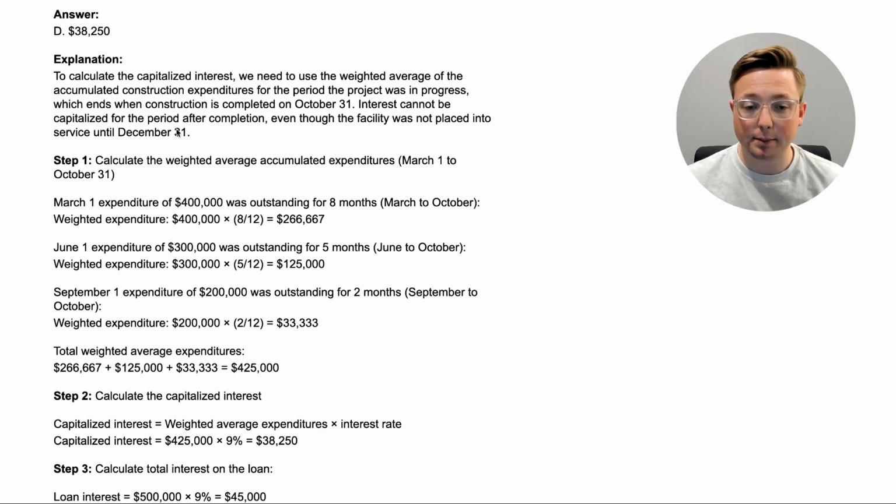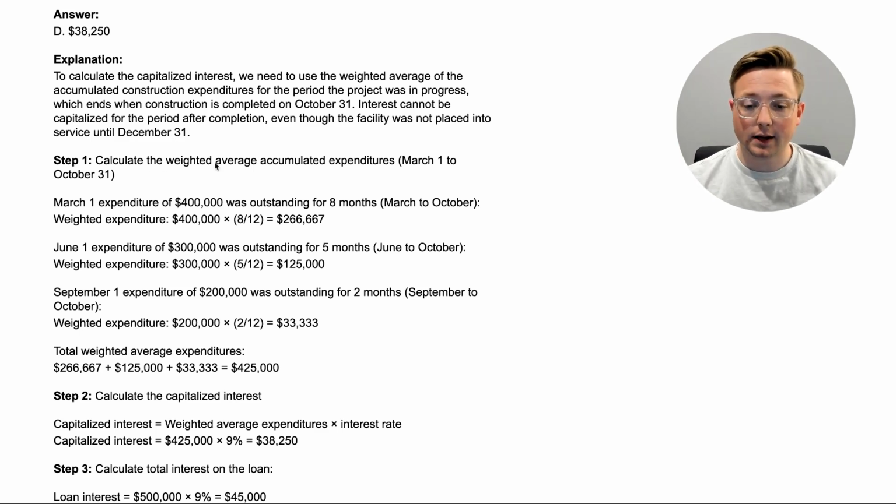Interest cannot be capitalized for the period after completion, even though the facility was not placed into service until December 31st. So that's important to note. You can only capitalize interest during the construction of a project. So even if there's more interest because the loan still exists, that interest after the construction is completed cannot be capitalized. So that's important to note.